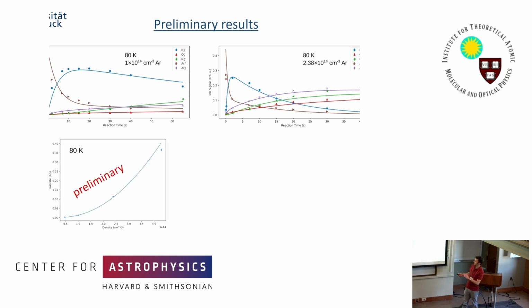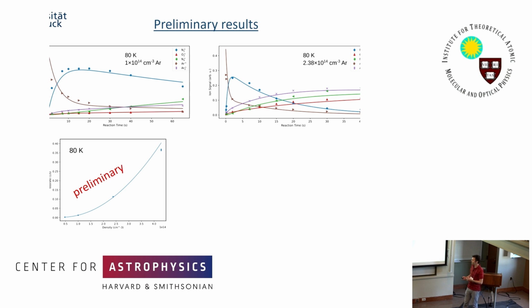And of course, because the fits aren't perfect, this is very, very preliminary, but this rate seems to have a very clear n-squared dependence, meaning it is a 3-body rate. We do have a little bit of linear in here, but that's probably due to these issues that we still have.